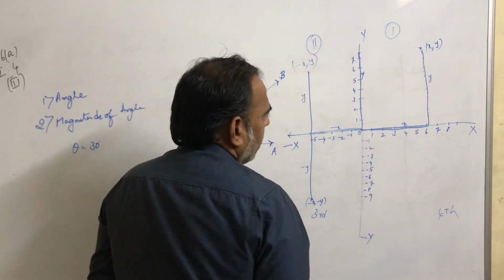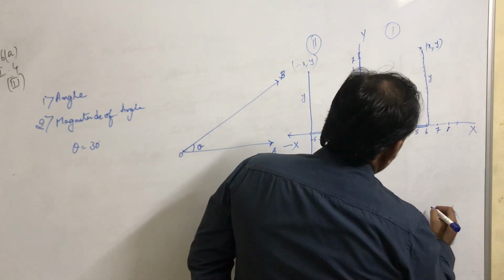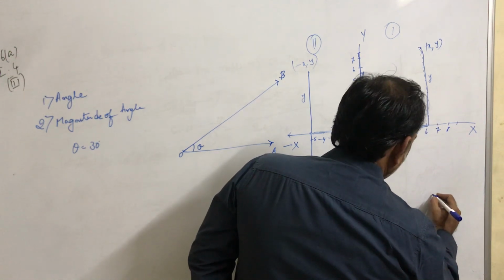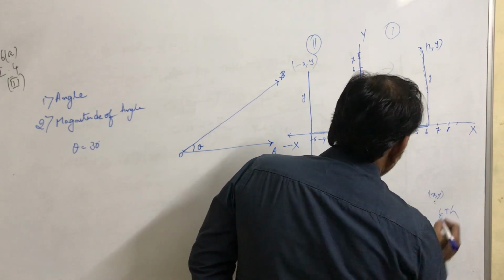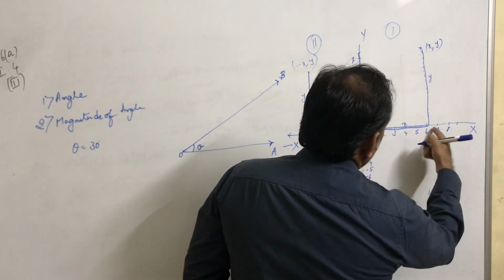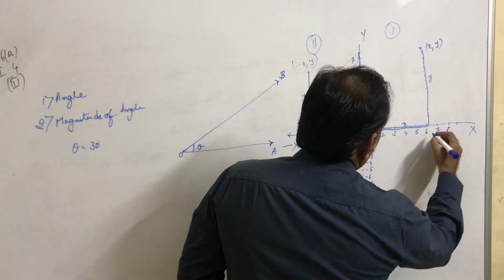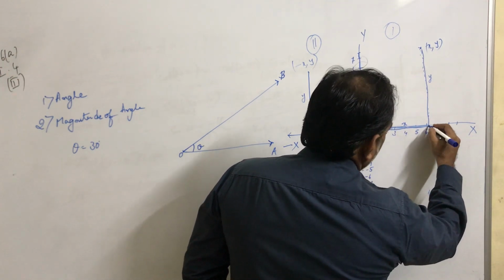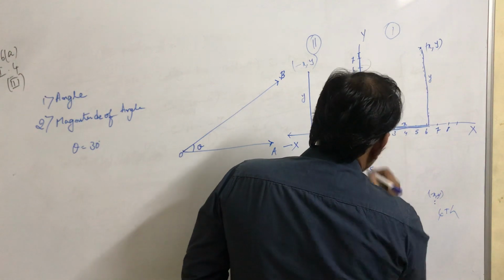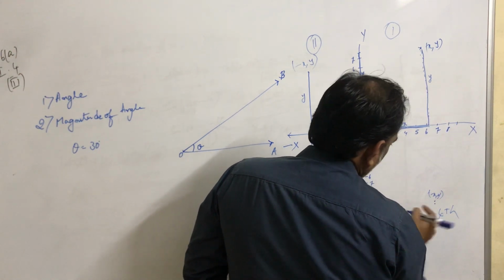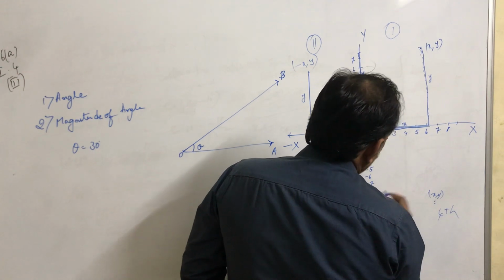And here, in the fourth quadrant, this is represented as x comma minus y. This is x and this is minus y. So the distance traveled along the x axis is x and the distance traveled along the y axis is y, but in the negative direction.